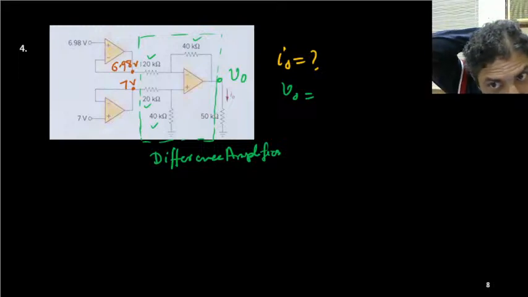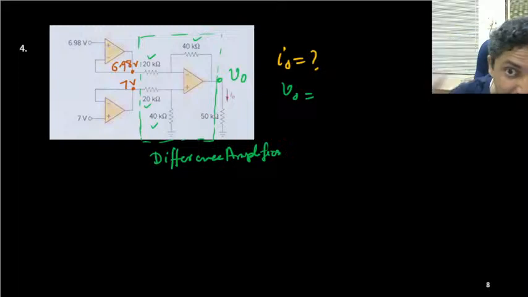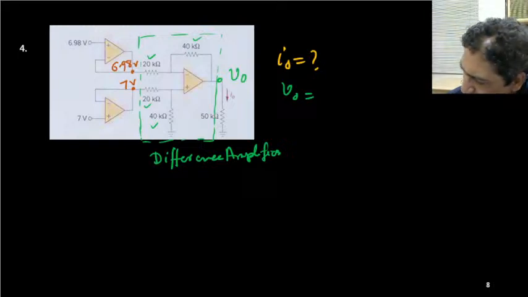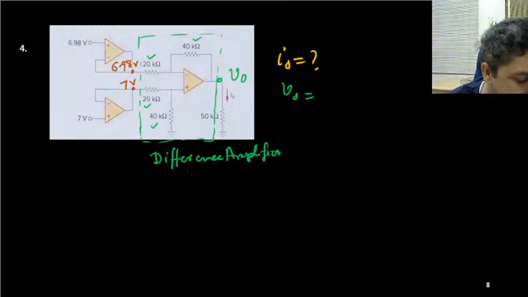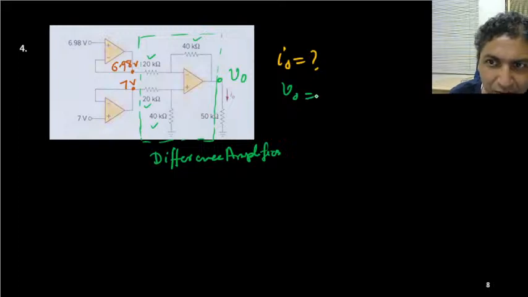Yes, it's a very small current because 50K is connected. So whatever voltage will be there, this current will be very small. So what is V naught first? So V naught will be simply the difference between these two.